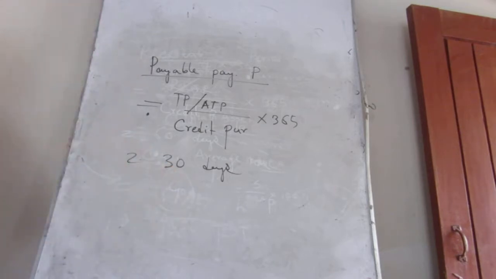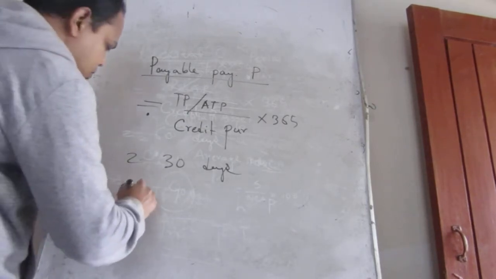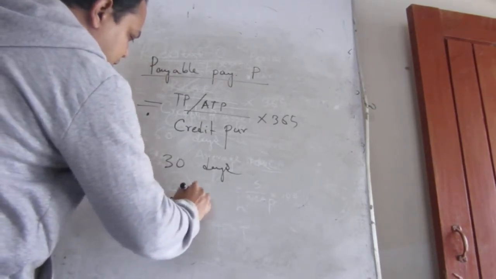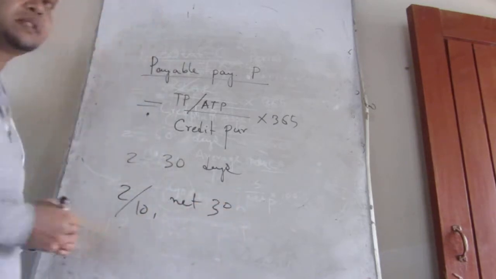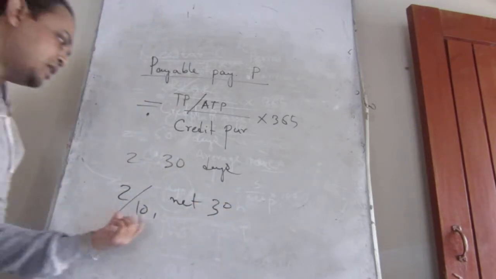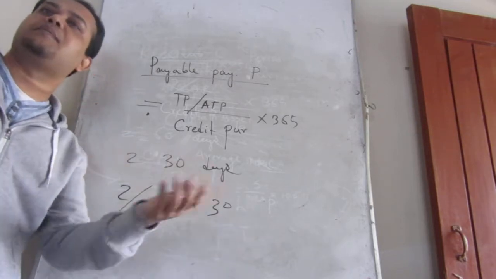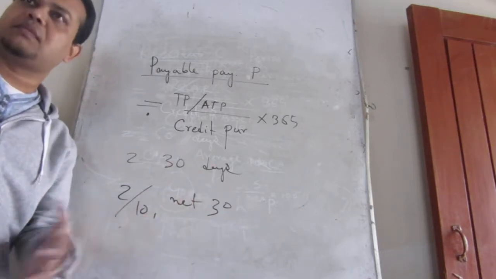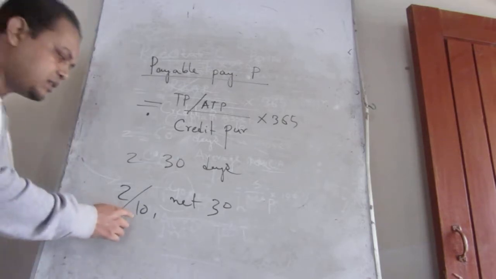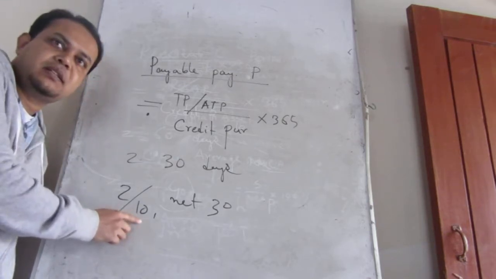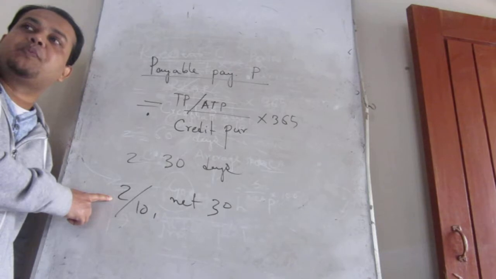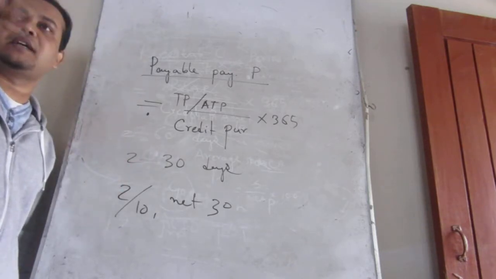Even there may be a provision of cash discount option. For example, suppose 2/10 net 30. It has the meaning we have discussed. That is, the supplier is providing you 30 days to make the credit payment. But if you can manage to make the payment within 10 days, you will be provided 2% cash discount on the total payment, right?